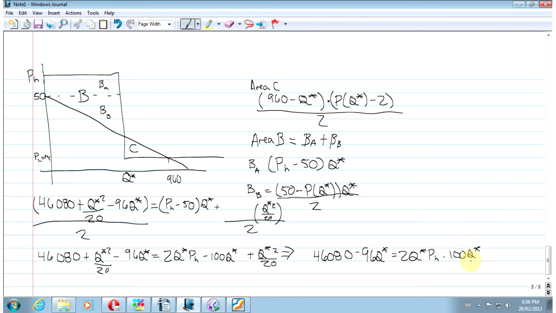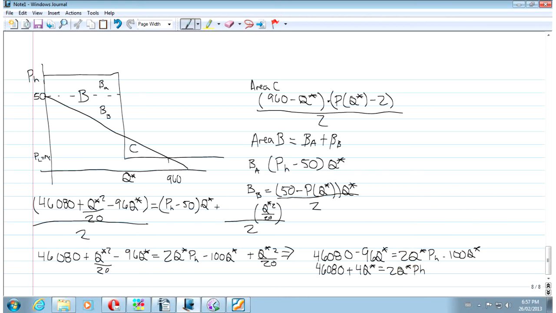Again, just collecting like terms: 46080 plus 4 Q star equals 2 Q star pH.